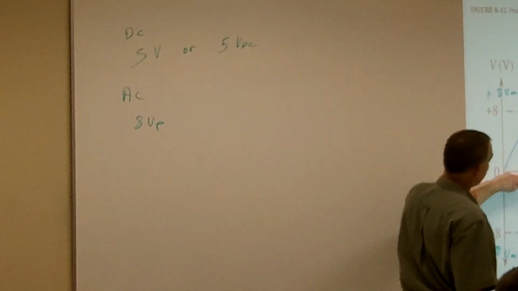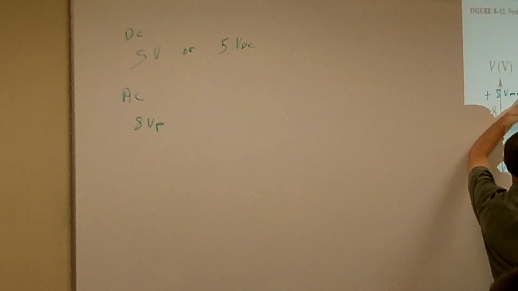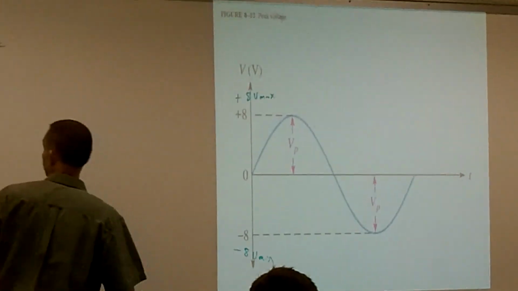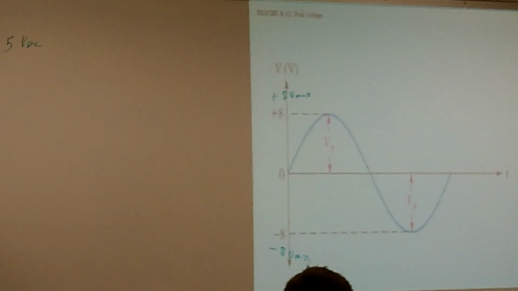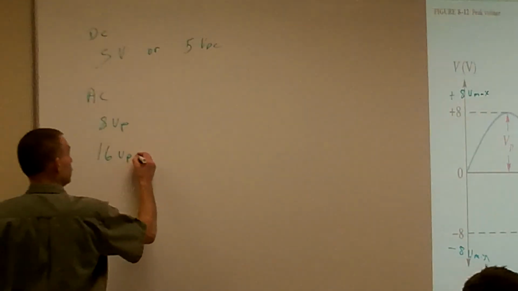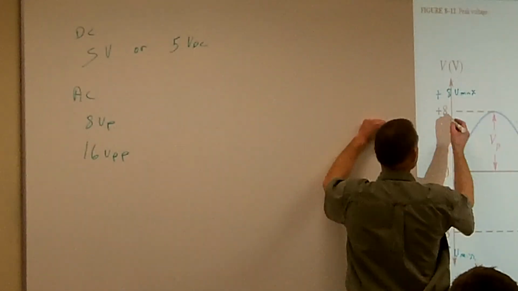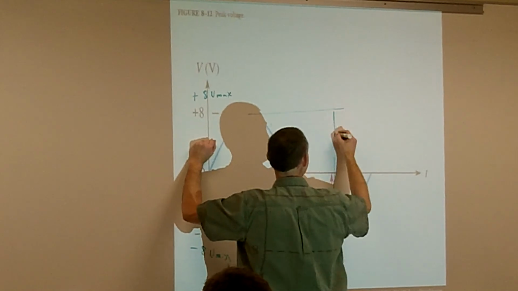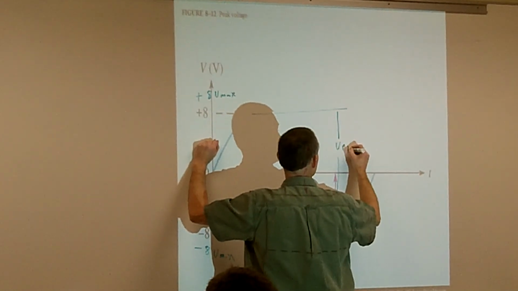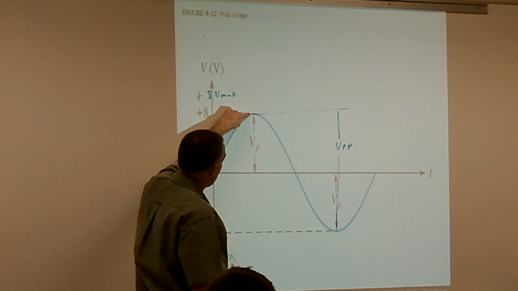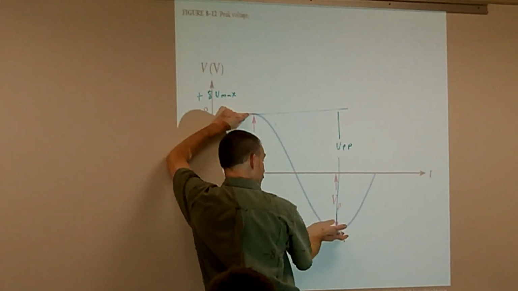Now another way that I can describe the same signal is that it's 16 volts peak to peak. So I can write the same one down as 16 volts peak to peak, meaning that it's going from the maximum amount of voltage down to my lowest amount of voltage.